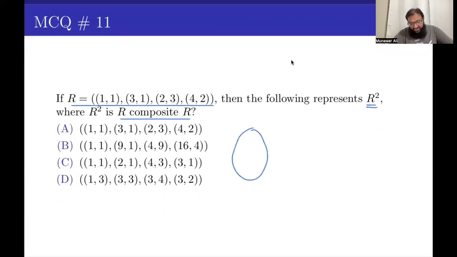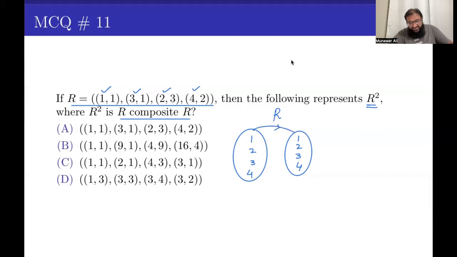So let me write the domain set, which is 1, 2, 3, 4. And the codomain set is again 1, 2, 3, 4. And I'm going to draw the relationship R from one set to another.